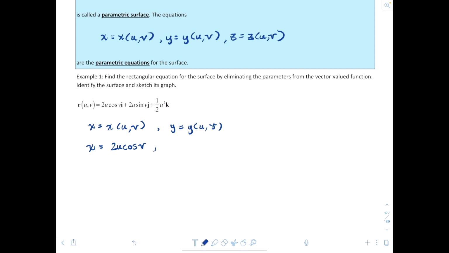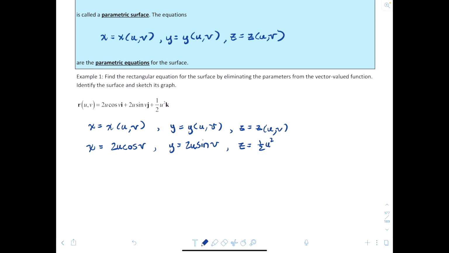And so y would equal 2 times u times sine at v. Cool so far? We can go ahead and put that z is equal to z at u and v. So this, of course, would be z is equal to 1/2 u squared, because that's the coefficient of the k.